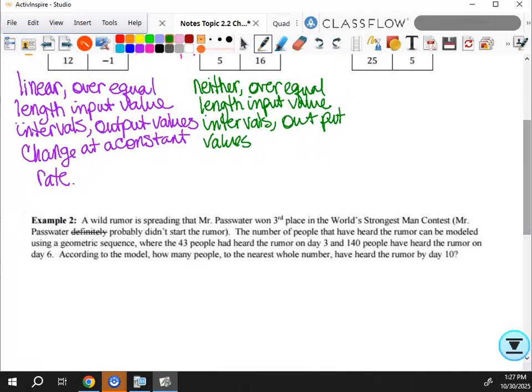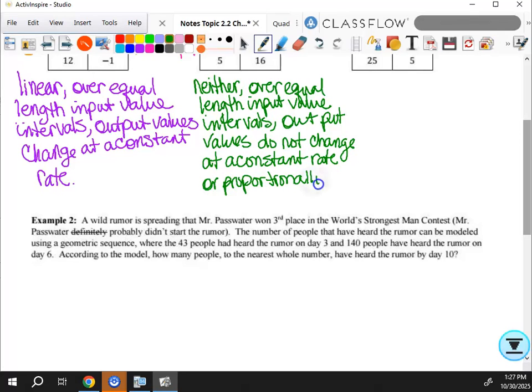But my output values do not change at a constant rate or proportionally. Everybody okay with that? Okie dokie.